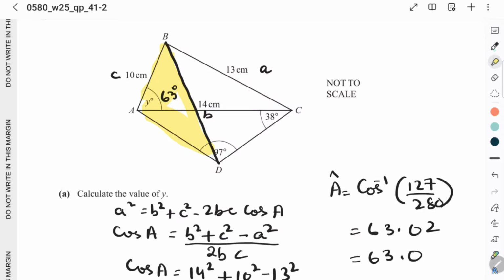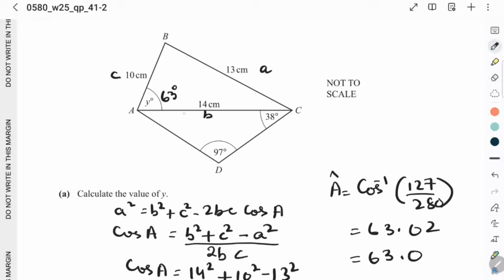And why not find one of the sides, which we can easily find with the triangle ADC.